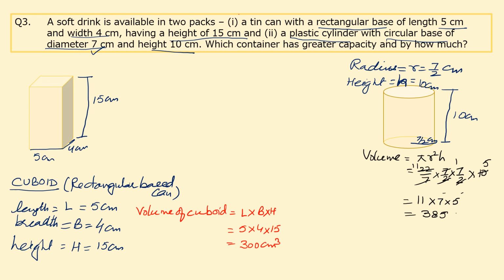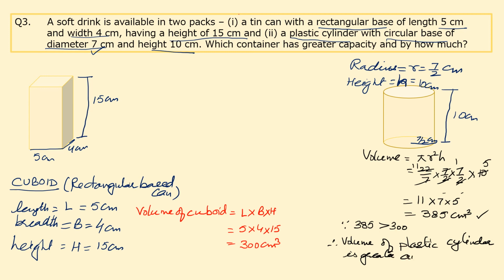Right? 385 centimeter cube. अब आप देखो किसकी वॉल्यूम ज्यादा है. Obviously this volume is greater. Since 385 is greater than 300, therefore volume of plastic cylinder is greater.